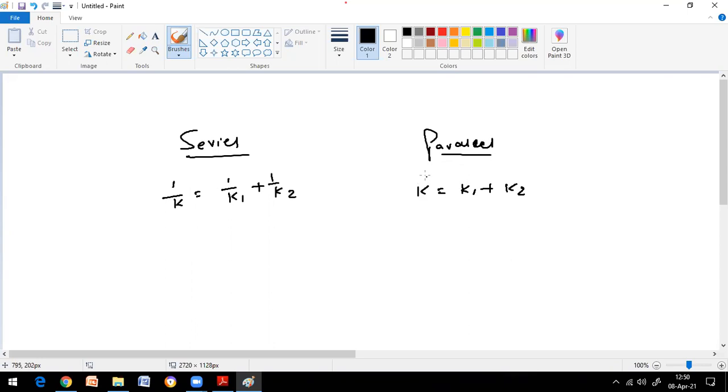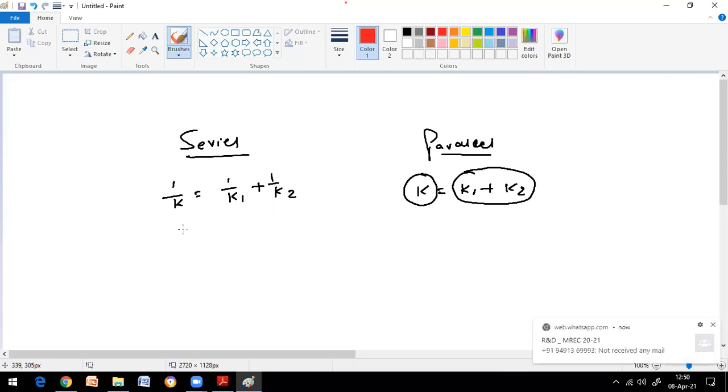So here the overall stiffness gives the maximum carrying capacity, whereas in series the stiffnesses combine reciprocally, right?